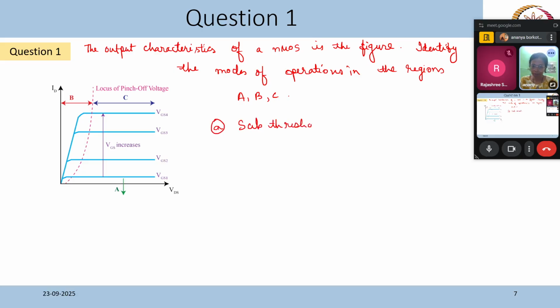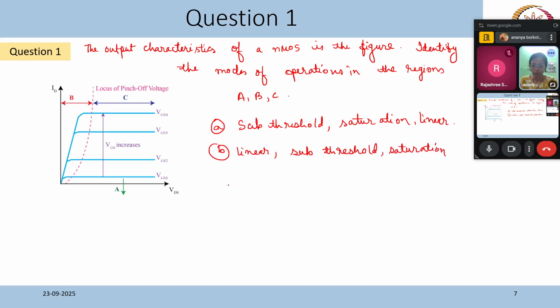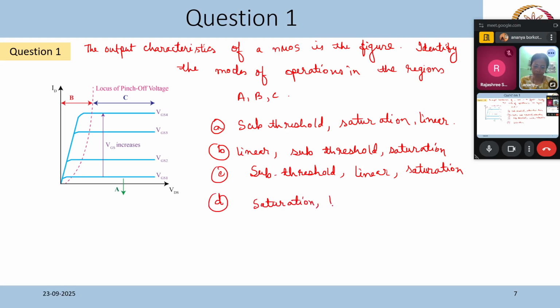subthreshold, saturation, linear. Option C is subthreshold, linear, saturation, B is... So what is the answer?